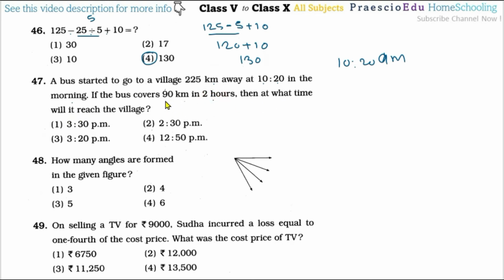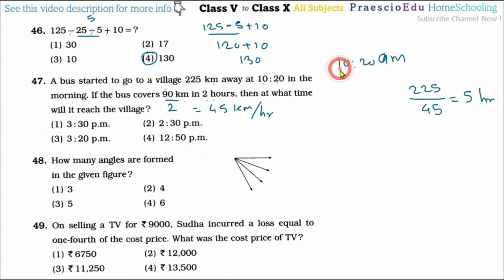So 90 kilometer in 2 hours means 90 by 2, that is 45 kilometer per hour, we can say the speed. So as per this, 225 kilometer has to be traveled. So 225 by 45, we are getting 5, so a total of 5 hours is required.